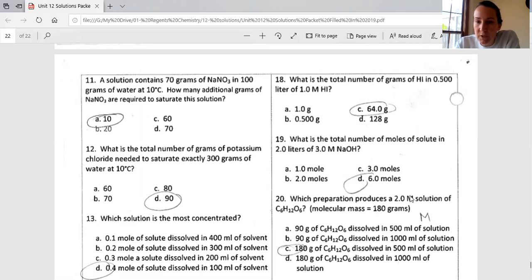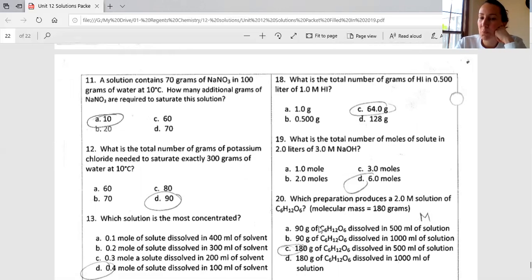Okay, so which preparation produces a 2 molar solution? And they give you all the masses. So basically, I'm just gonna go through the answer. You'll have to figure out the moles for each of these. So 90 grams divided by 180 is 0.5 moles for A and B. So then you divide it by the liters.